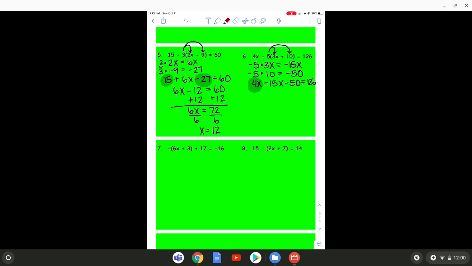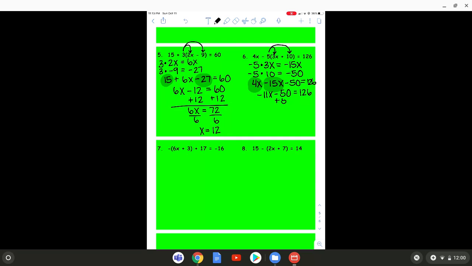So if I have any other x's here. And I do. I've got a -15x. So I'm going to combine those. So positive 4 plus -15 is -11. So I have -11x minus 50 is equal to 126.